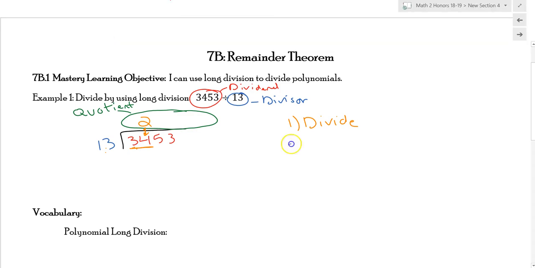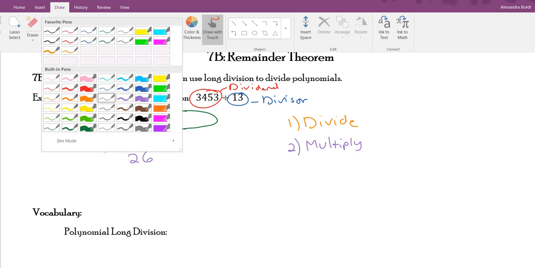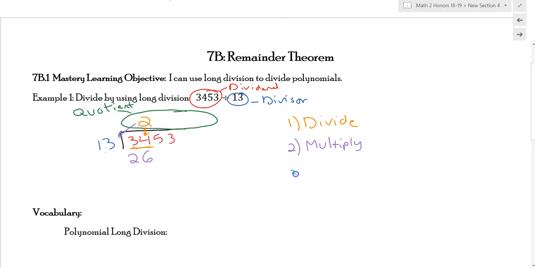Our second step is to multiply. I'm going to multiply 2 by 13. 2 times 13 is 26. Our next step is to subtract.